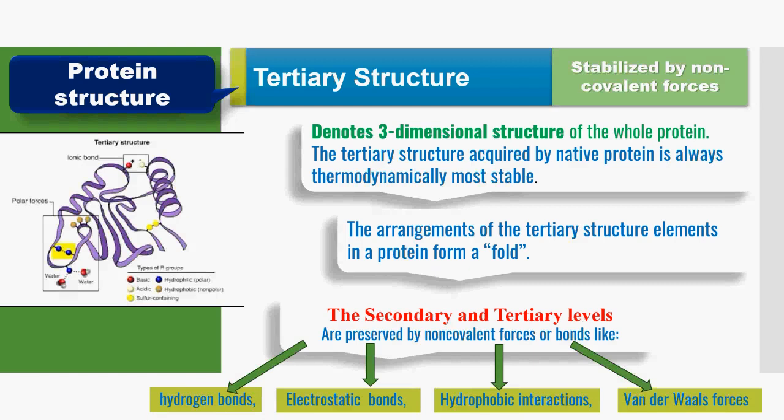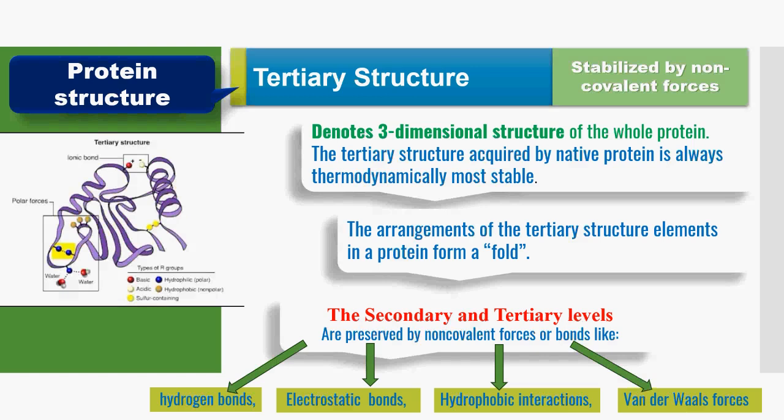The other point to be mentioned at this level is that the tertiary structure is usually between the R side chains of the amino acids, not between the functional groups of the main amino acid, because all of the functional groups have been incorporated either into the alpha helix or the beta sheets.